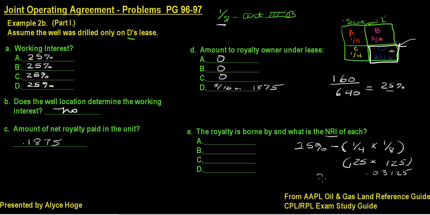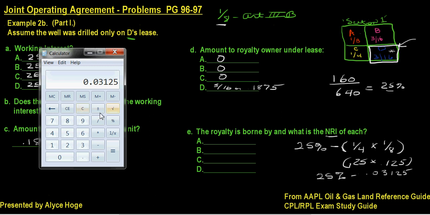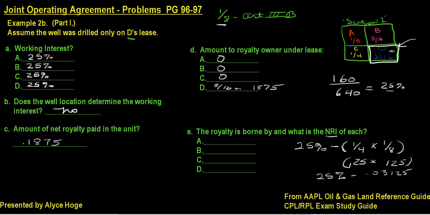So now we're going to subtract that from 25%, or 0.25 minus 0.03125, and that's going to give us 0.21875. So that's A's interest.